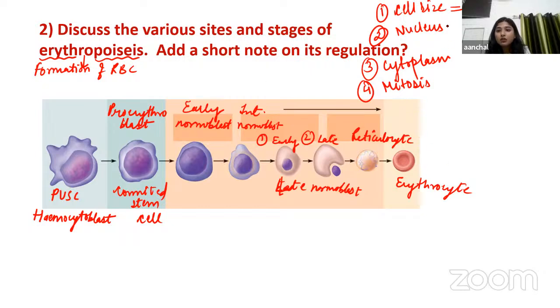And talking about the nucleus, we can see in the mother cell the nucleus is present, but in the mature RBC, the nucleus is not present. And we can easily see in which stage there is complete degeneration of the nucleus. It occurs in late normoblast, right? So the nucleus size decreases and the complete degeneration occurs in late normoblast.